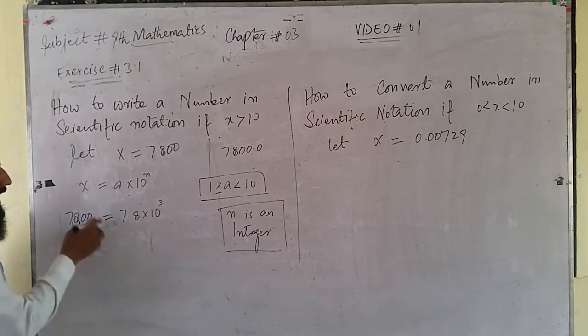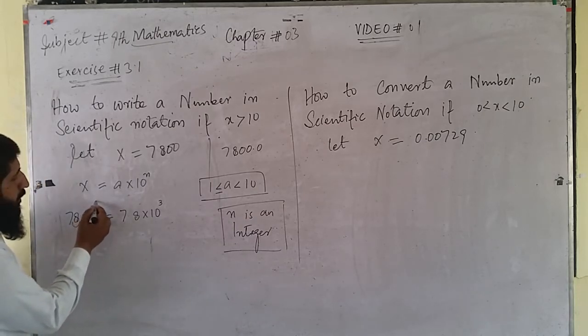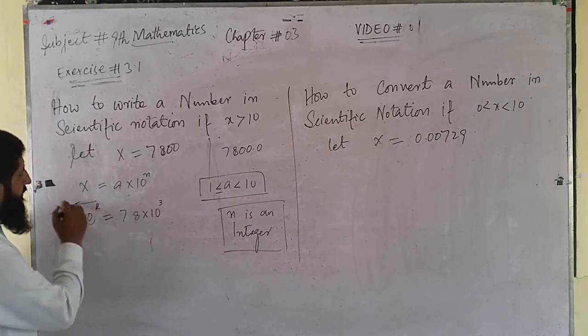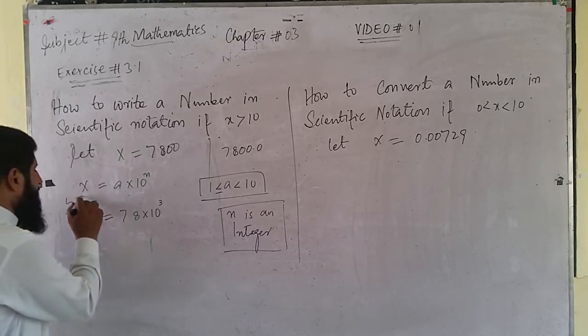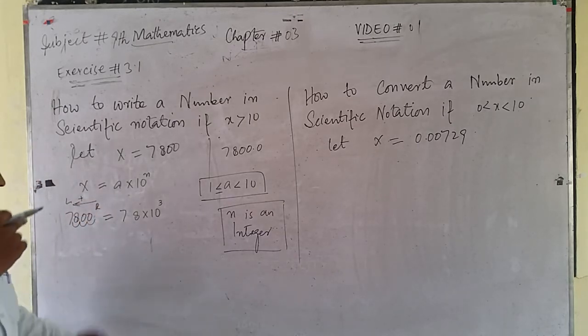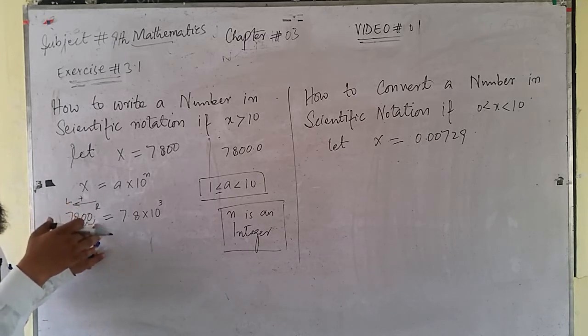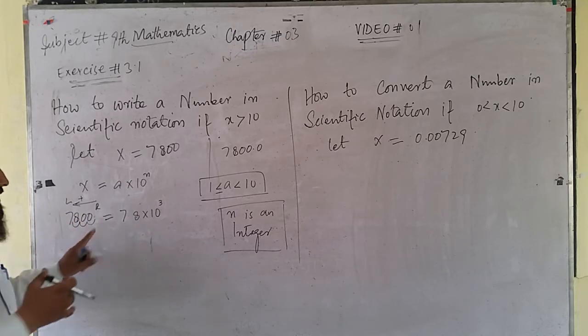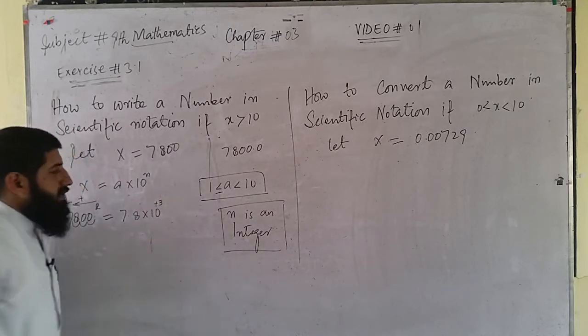It depends upon the direction of movement of the point. If the point moves from right to left, then it will be positive. Then it will be written as 10 power 3.